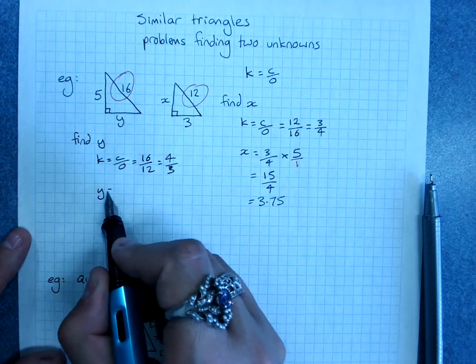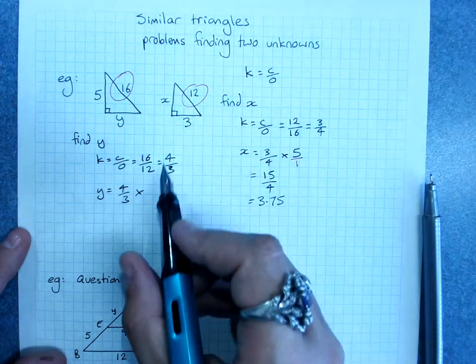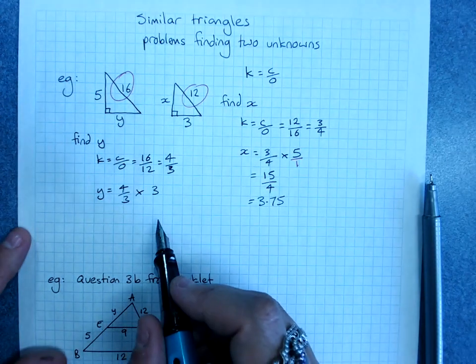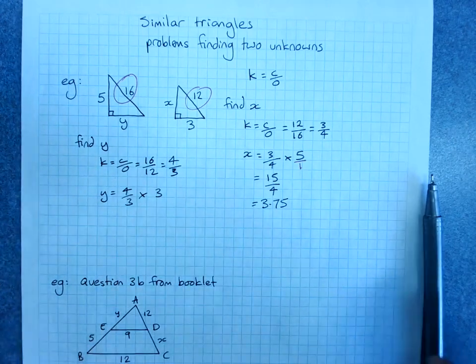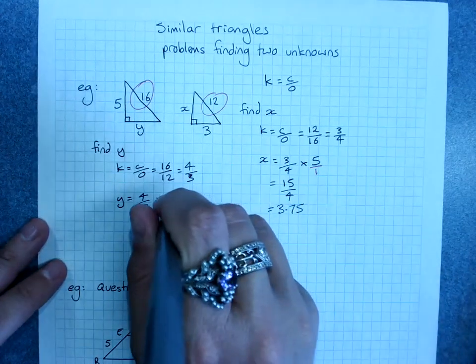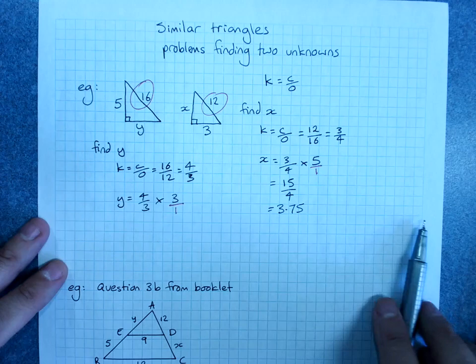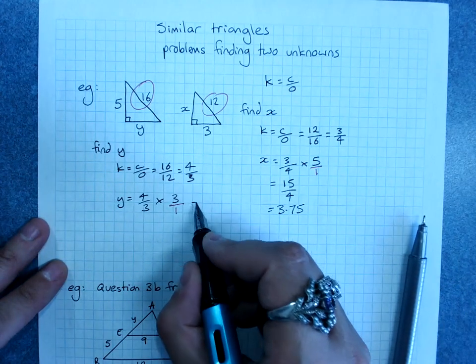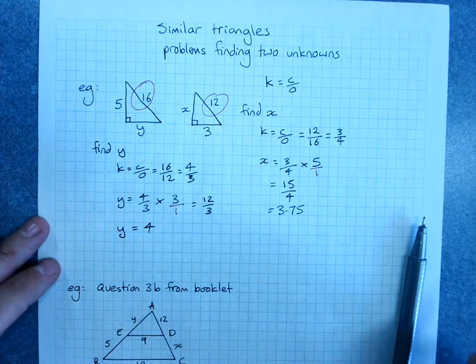Y, then, is the scale factor, 4 over 3, times 3. Now you have a couple of options for doing this. You can multiply your fractions out the same way I did, 4 times 3 on the top and 3 times 1 on the bottom, which would give me 12 over 3, which would say y is 4.